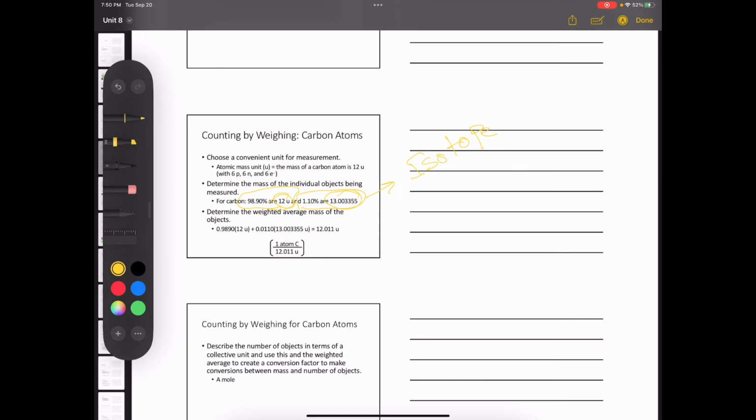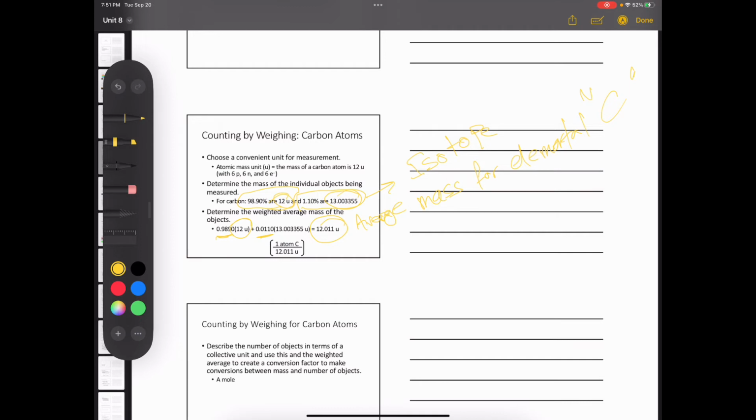How do we do this? We multiply the percentage, which is 0.989, times the 12 atomic mass unit, and you add to that the percentage of the 13 atomic mass unit. You add them together, and you will end up with the average mass for elemental carbon.